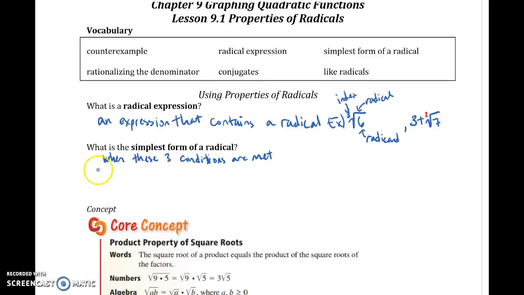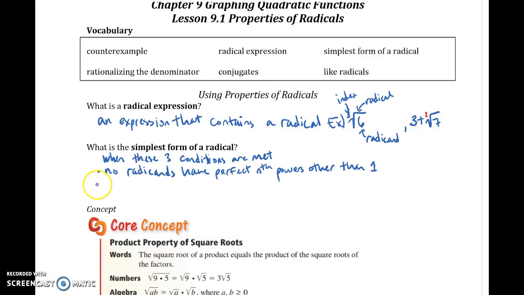It might make more sense, but the first condition is no radicands have perfect nth powers as factors other than 1. Meaning we can't simplify the radical any further.